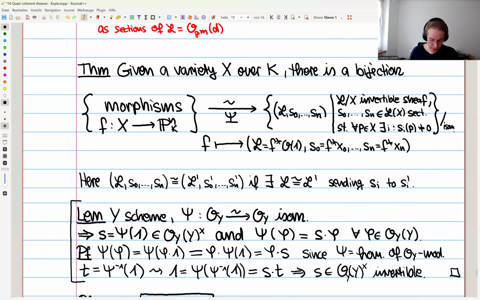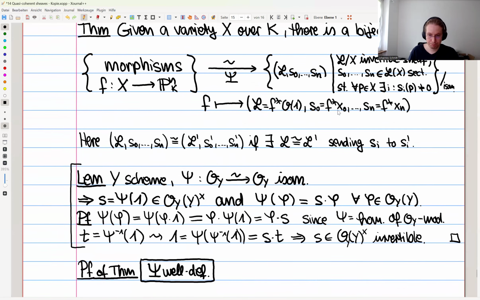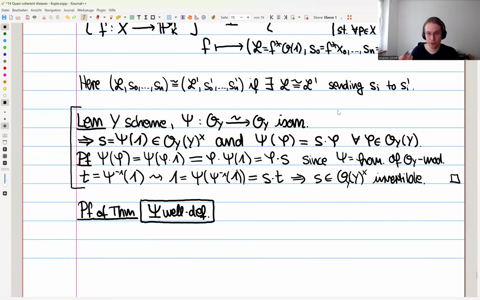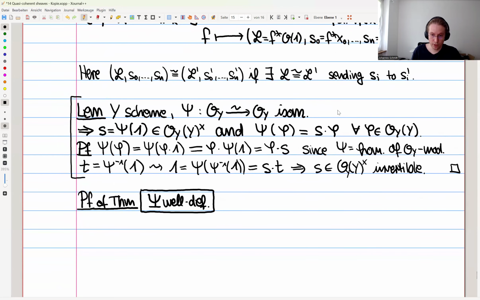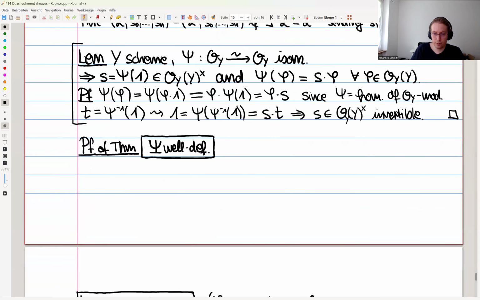Okay, so the first thing that we want to show, now we go to the proof of the theorem, is that this here is a well-defined element. And for this, we just recall some of the properties of pullback. So first of all, we want to show that L is an invertible sheaf.